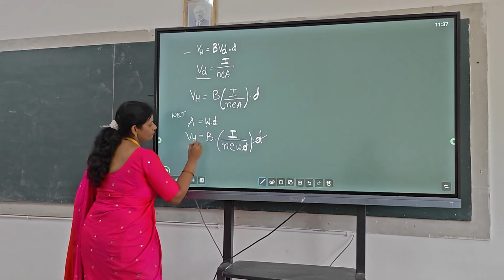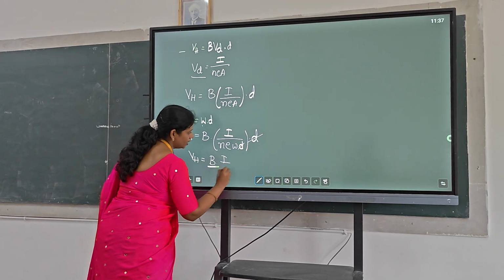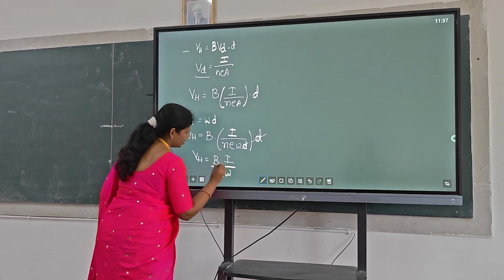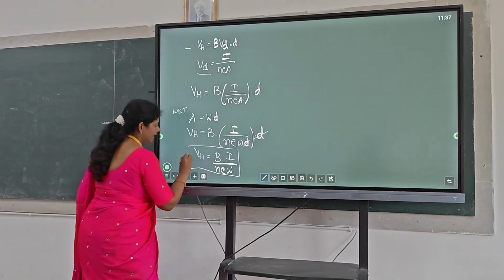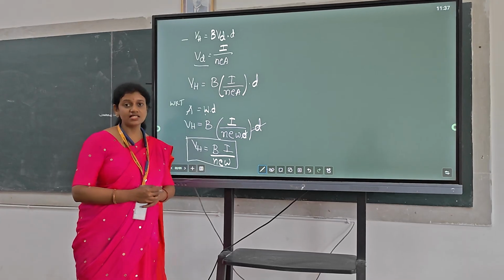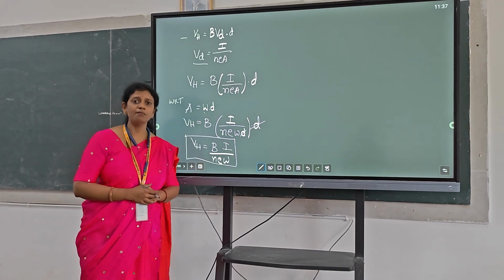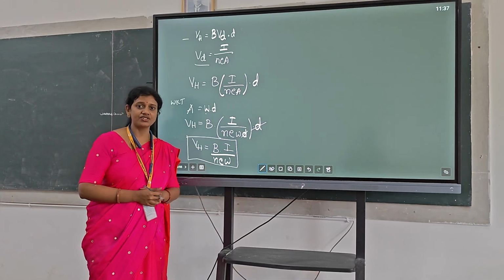Therefore VH is equal to B into I divided by NEW. This is the expression for the induced EMF existing perpendicular to both the current and the applied magnetic field. So this is the derivation. Thank you.